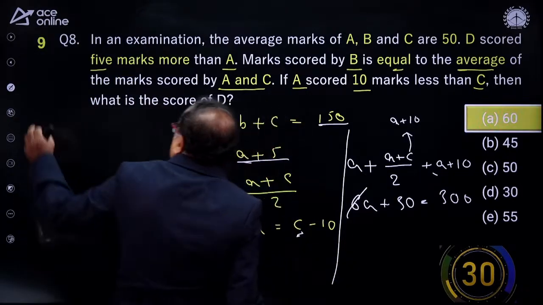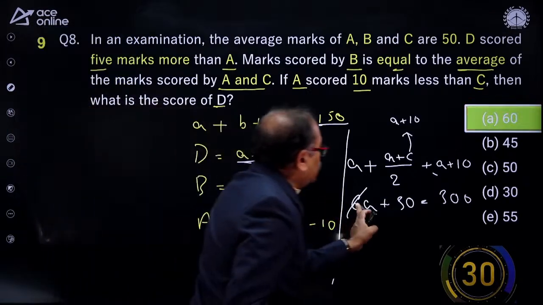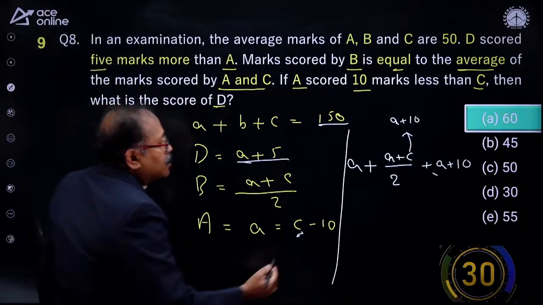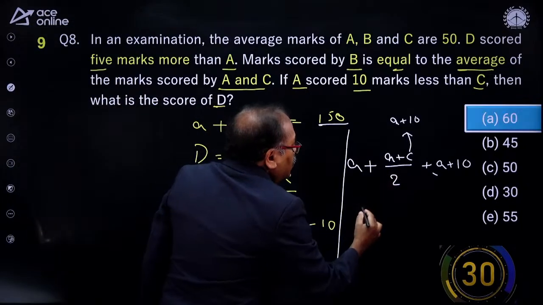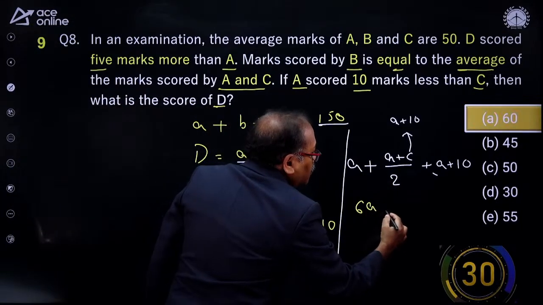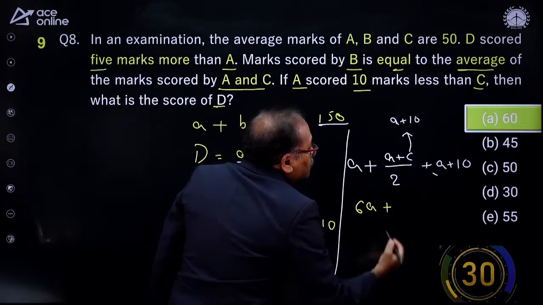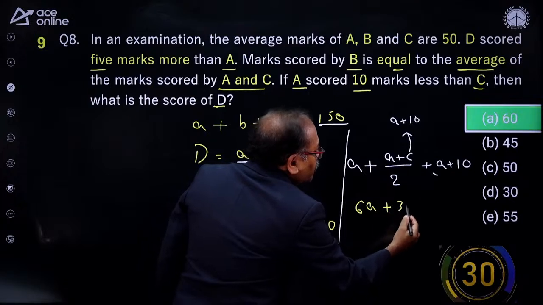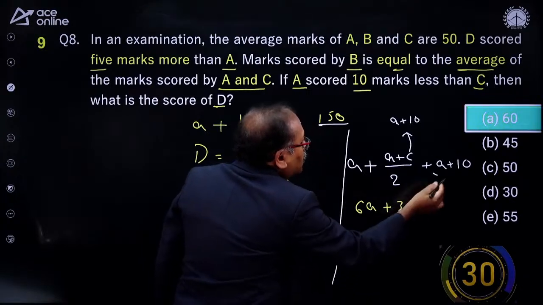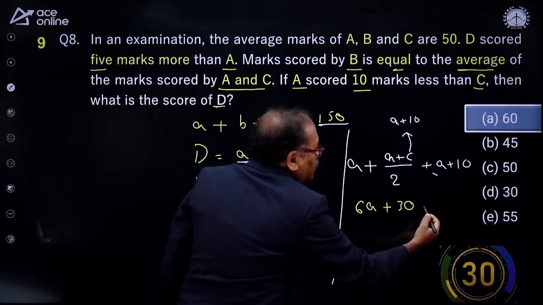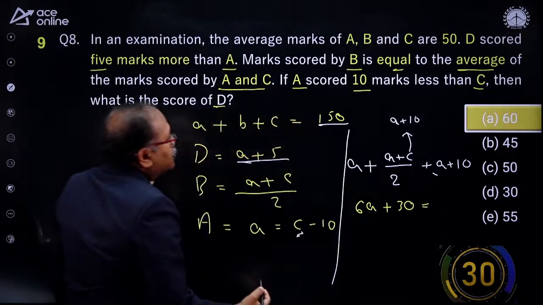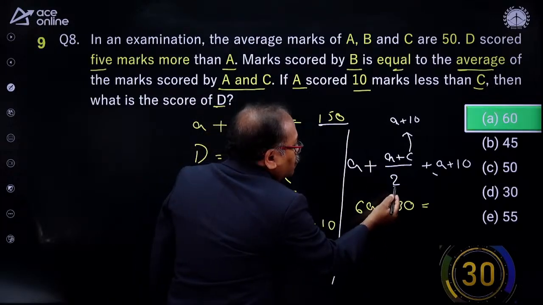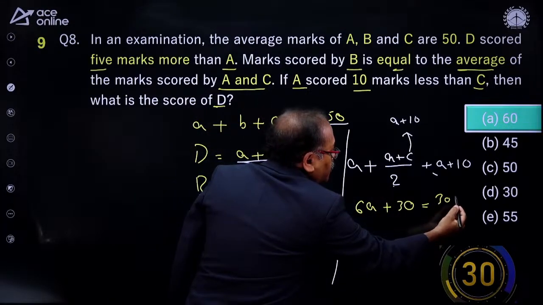Can I write down this line again? Look at this part. This line is the total. I am getting 6A plus 30. 6A plus 30 is equal to the total, 150 into 2, because 2 is here, that comes 300.